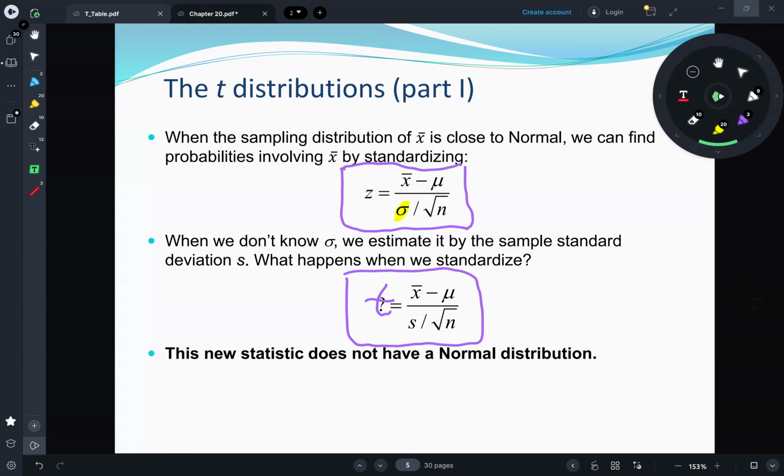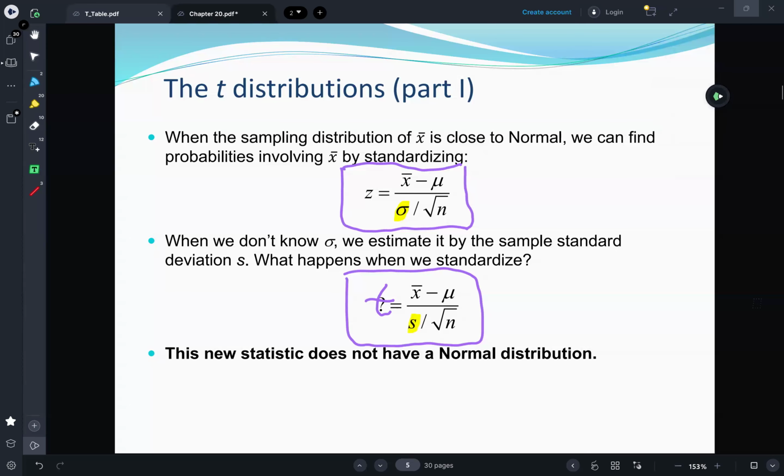The only difference between the two is the standard deviations. Automatically use z if you're given the population standard deviation. Automatically use t if you're given the sample standard deviation. You need to know what they are and how to read the scenario.